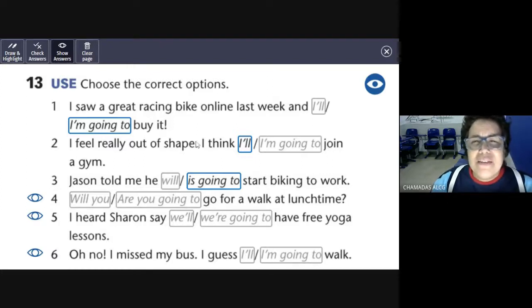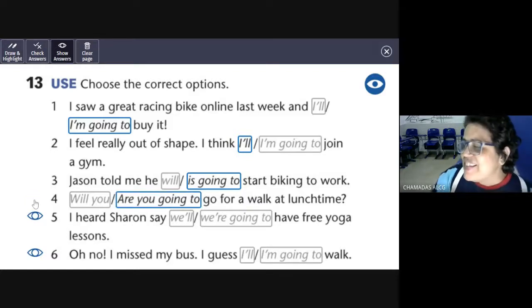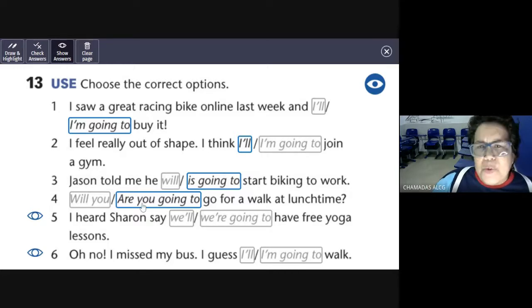So he has already thought about it, and he knows, he has made up his mind. Number 4, I want to know about your plans. What do you think? The second. Yeah, the second. Are you going to go for a walk at lunchtime? I want to know about your intentions, your plans. So I can ask using going to.